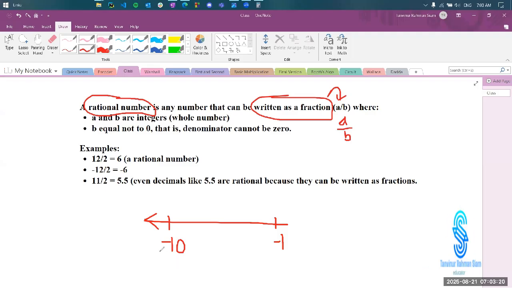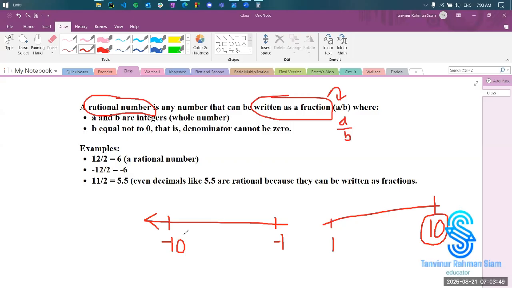If it is the positive numbers, 1 and 10, you would say that 10 is the greater number than 1. However, in the negative section of the number line, we can't say that 10 is greater.